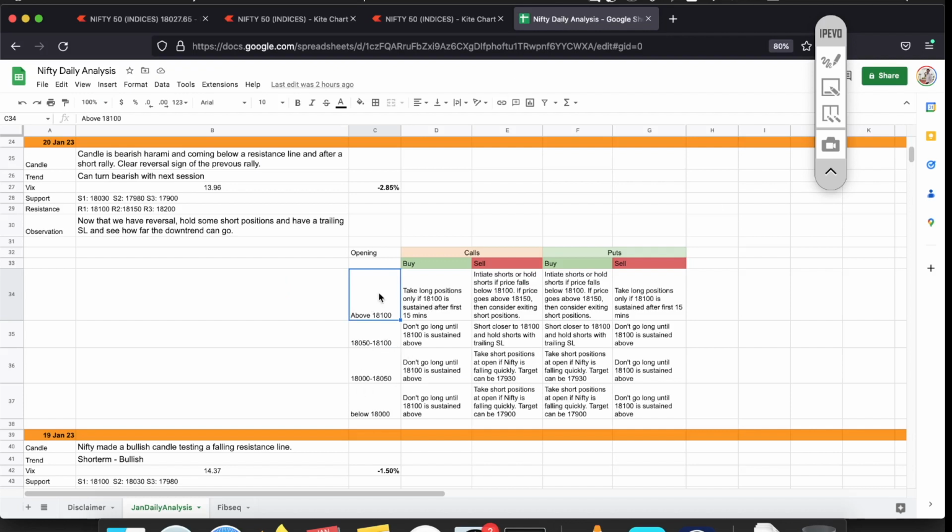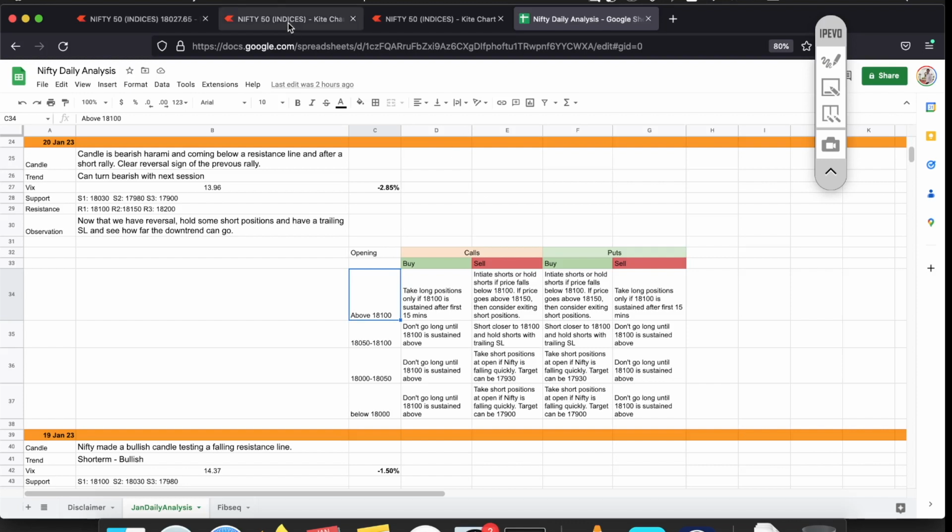If Nifty opened above 18100, I mentioned not to initiate any long positions until 18100 is sustained after the first 15 minutes. And I also mentioned that if shorts are initiated, the stop loss should be 18150, or wait for a good reversal and initiate short positions.